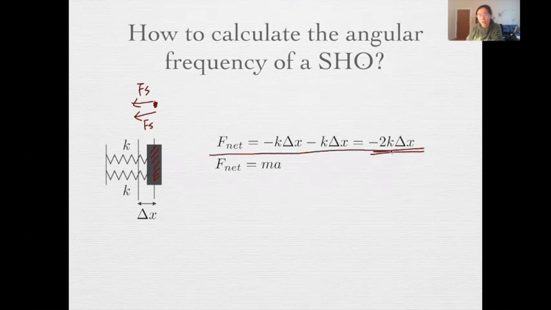Again, whenever you see F equals negative some constant times delta x, it means this system is doing a simple harmonic oscillation, where this is the constant. So the frequency of this system would be omega equals the square root of k over m, while here my effective k is 2k in this case.